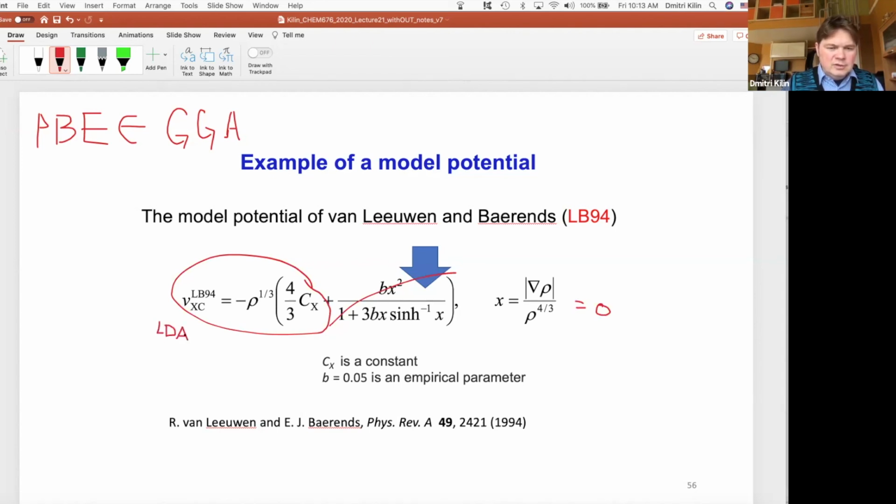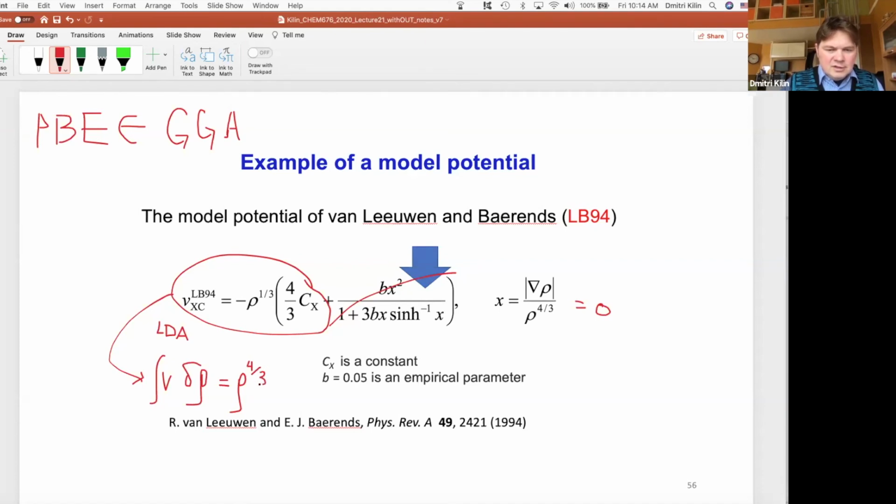So it will be rho to the power 1/3 for the potential, and if one integrates it over density, it will be rho to the power 4/3.